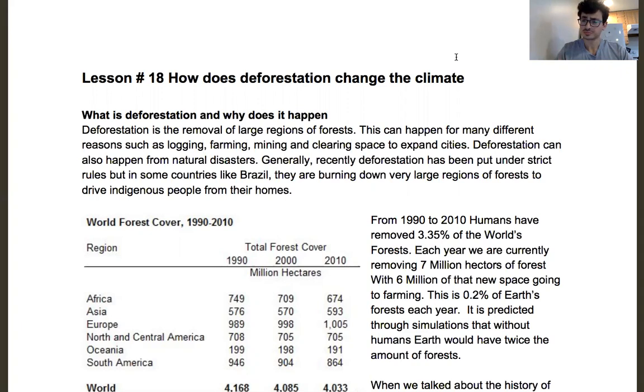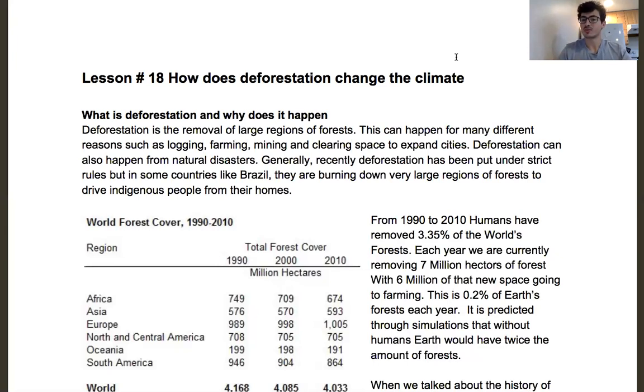That is one reason, although it's not the biggest. The largest reason why we remove large regions of forest is so that we have more land to farm. A lot of the time, farmland gets used and then it loses its nutrition. And instead of rotating properly, people are lazy and just say, okay, we'll cut down trees, we'll get more farmland.